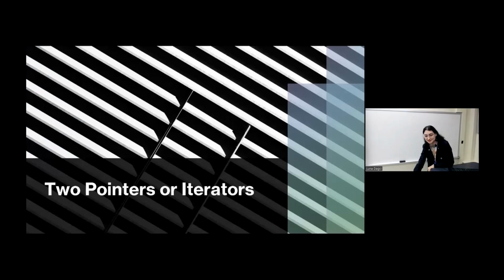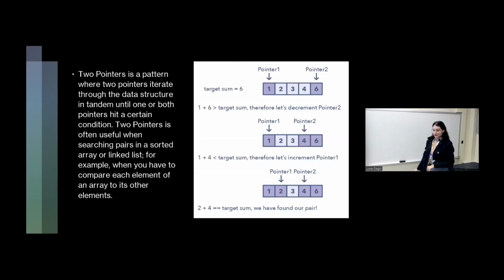Two pointers. Two pointers is different from the sliding window. We have 2 pointers that start from the beginning of the array and the end of the array, and we keep comparing or calculating the value at the beginning and end of the array. We can call these pointers left and right.